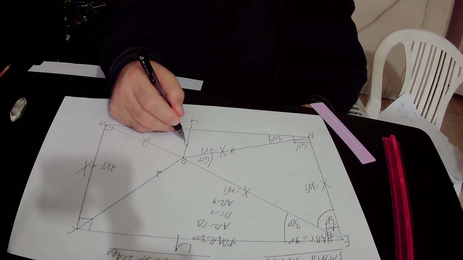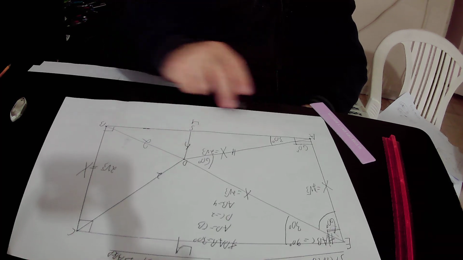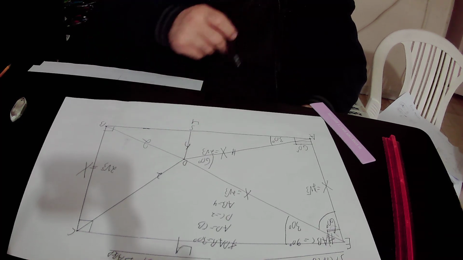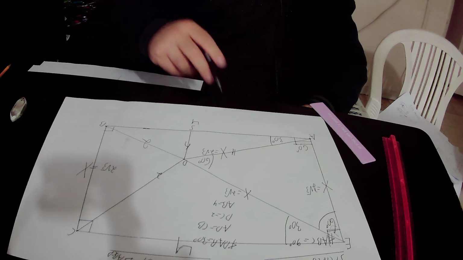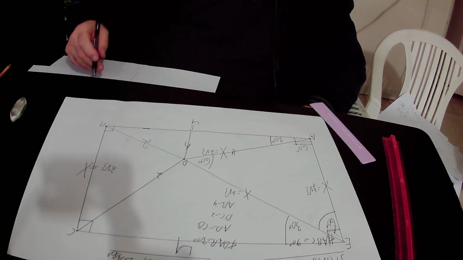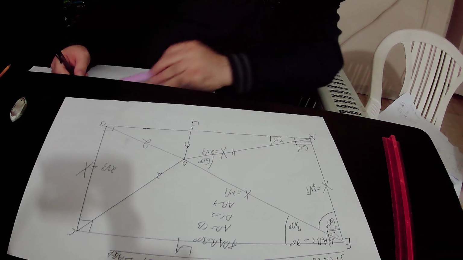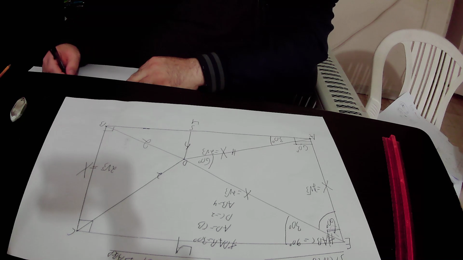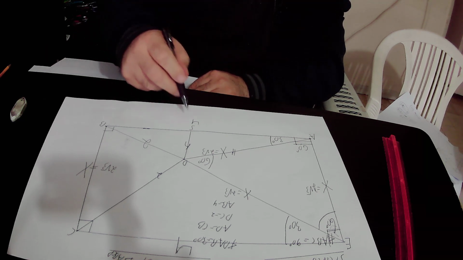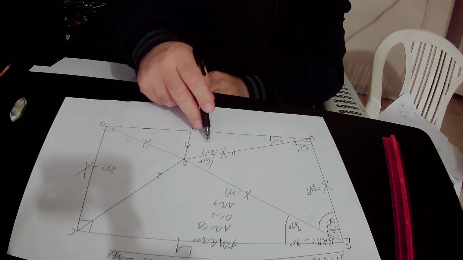This is the height to the base AB. In triangle ADS, we know that sine 30 degrees equals h over 2 times square root of 3.